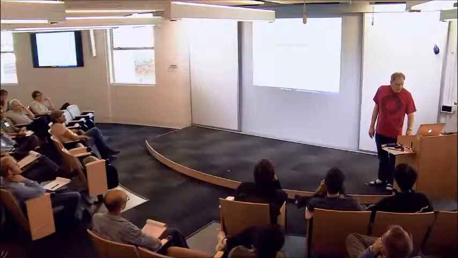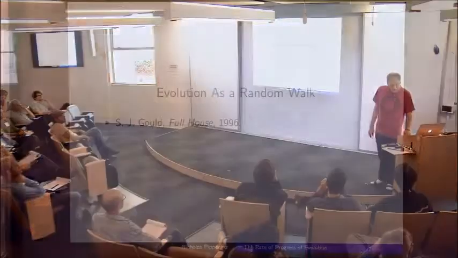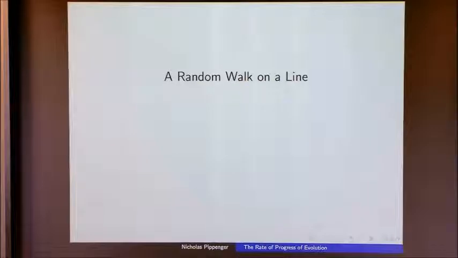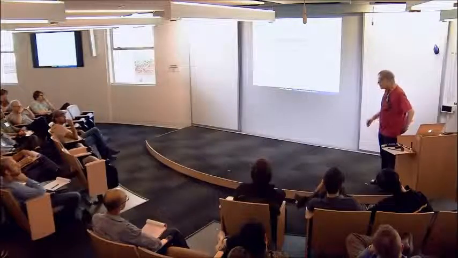This was done by Stephen Jay Gould in a book called Full House. He modeled evolution as a random walk on a line. Think of a species taking a random walk on a line, and the ordinate that the species is walking along is some sort of complexity.